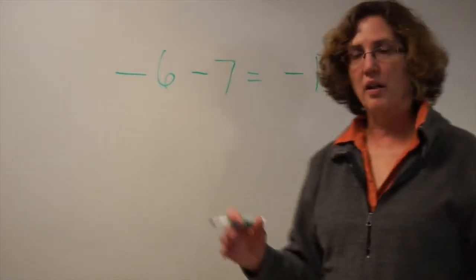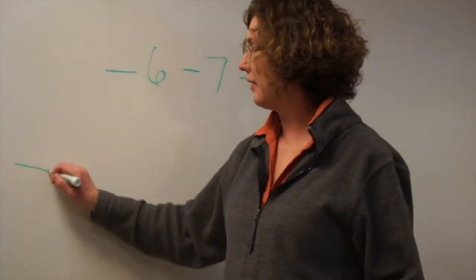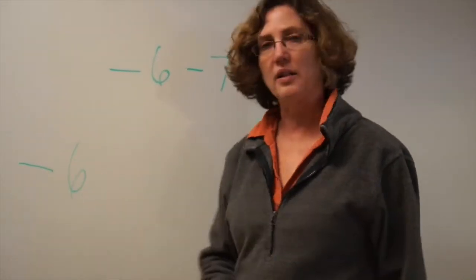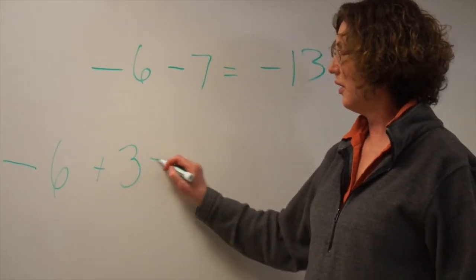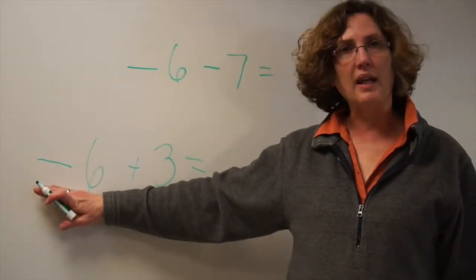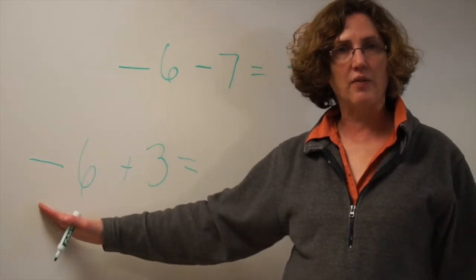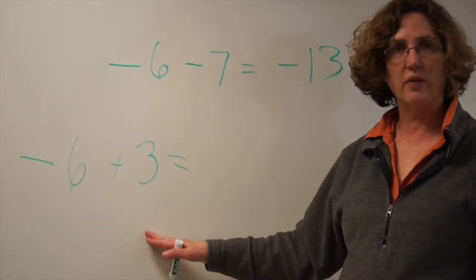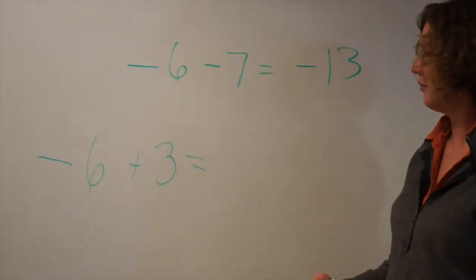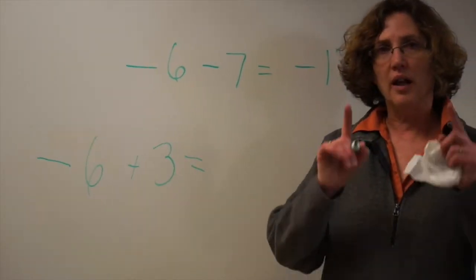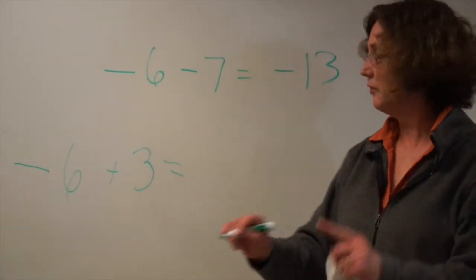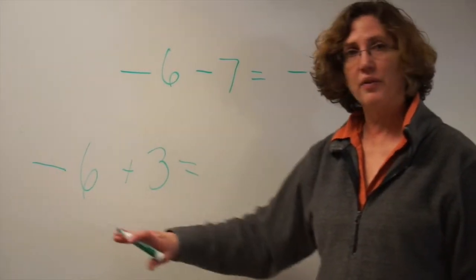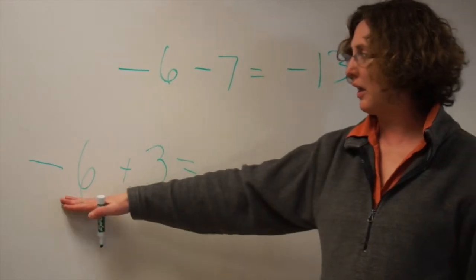Now if you're adding and subtracting sign numbers, your answer will be negative if the negative number is larger than the positive number. Let's go over that again. When you're adding and subtracting sign numbers together, you have a negative, you have a positive. Look at the negative number.